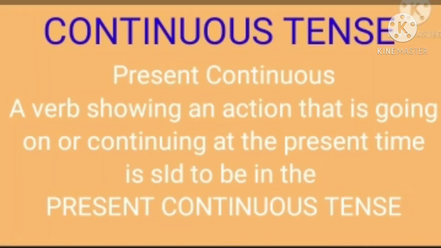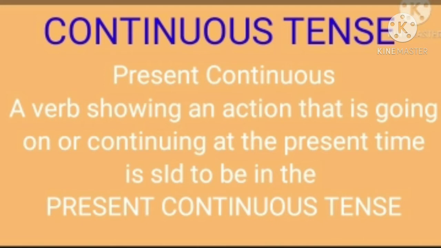So the continuous tense, and the first we learn about is the present continuous. A verb showing an action that is going on or continuing at the present time is said to be in the present continuous tense. So just now I am explaining to you, this part is going on.